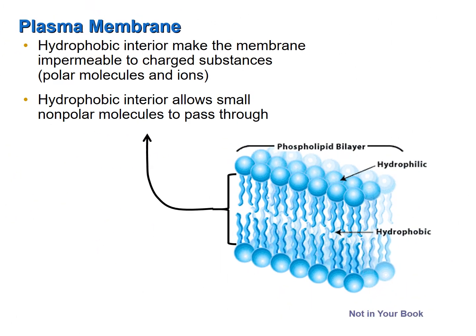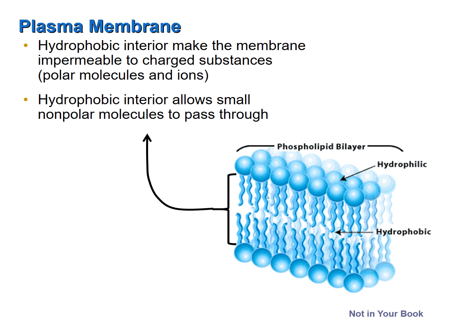This arrangement of phospholipids is one of the reasons why the plasma membrane is selectively permeable, meaning it allows some substances to cross it easily and others it excludes. The hydrophobic interior of the cell will not allow polar or charged particles to cross.